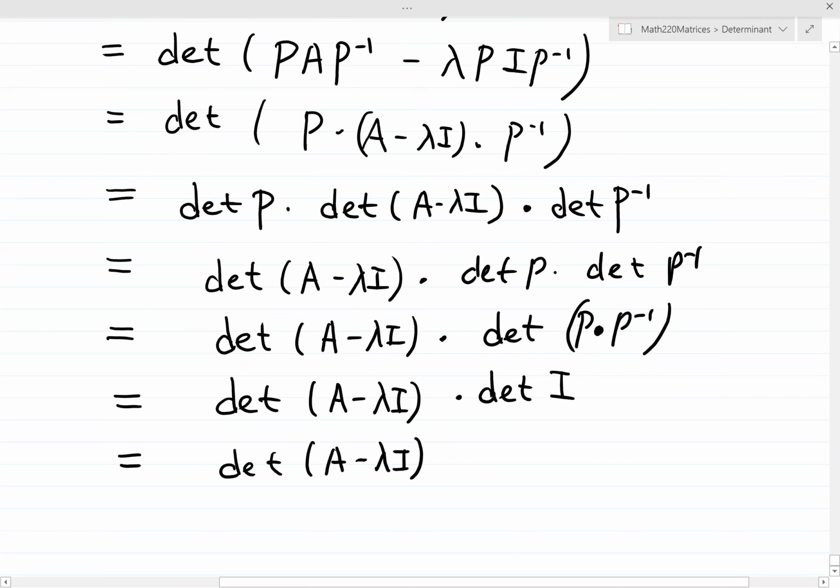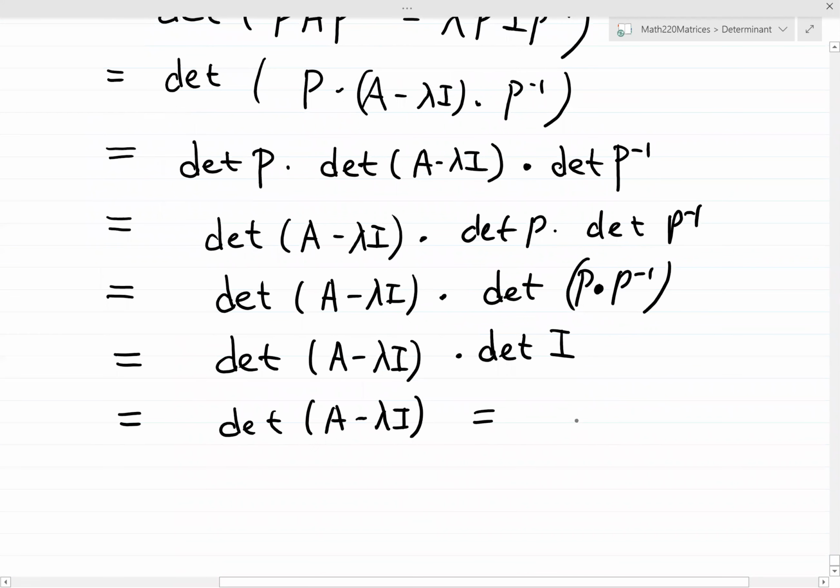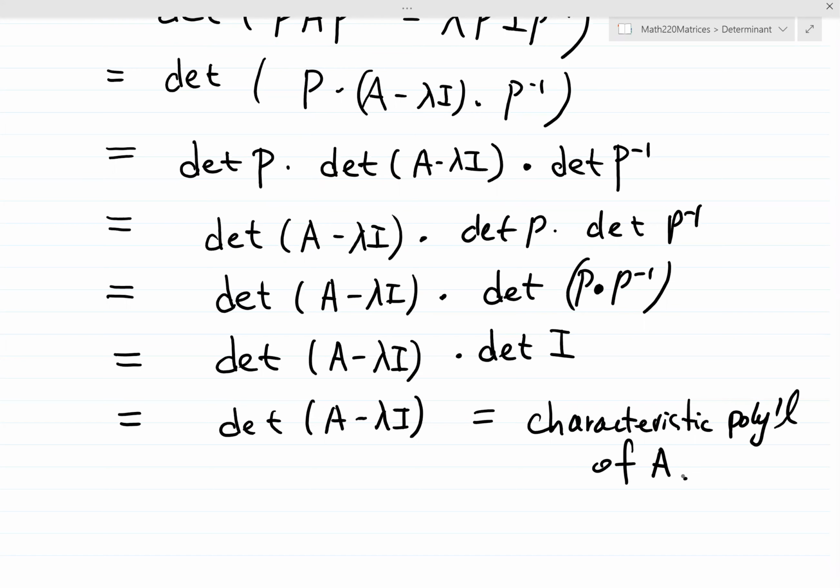By definition, this is the characteristic polynomial of A. Then we're done. So the characteristic polynomial of B equals the characteristic polynomial of A. So similar matrices have the same characteristic polynomial, as a special case.